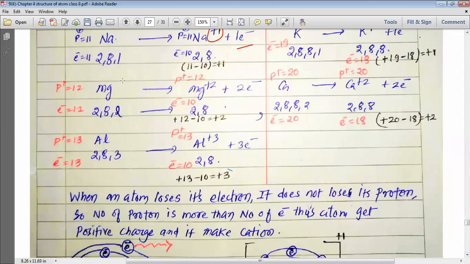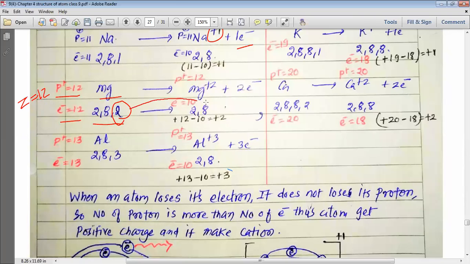Now if you look into the next example, magnesium. Magnesium has got Z equal to 12, and that is why its electronic configuration is 2,8,2. Magnesium has got 12 protons and 12 electrons, and that is why there is no charge on magnesium. What happens? The valence electrons present in the magnesium are 2.